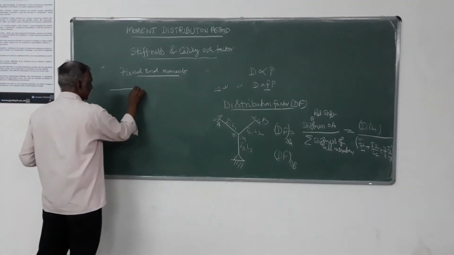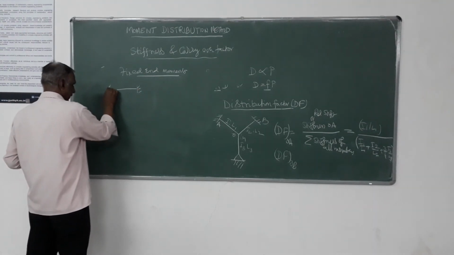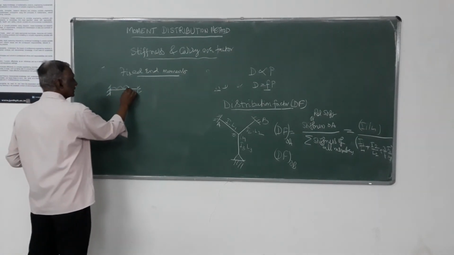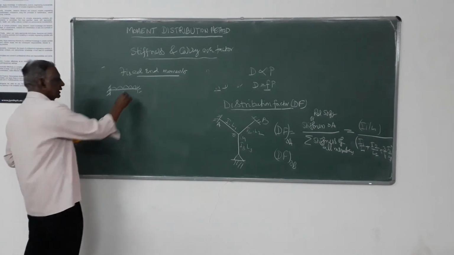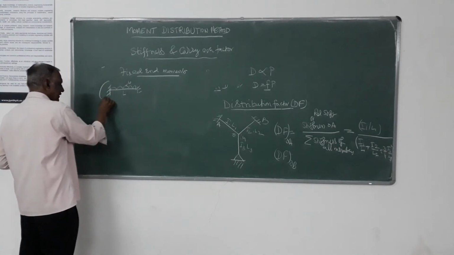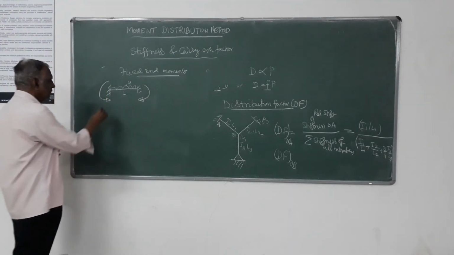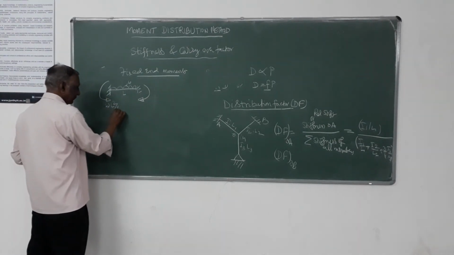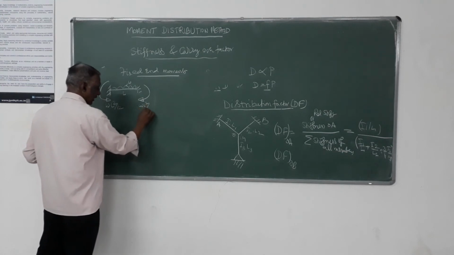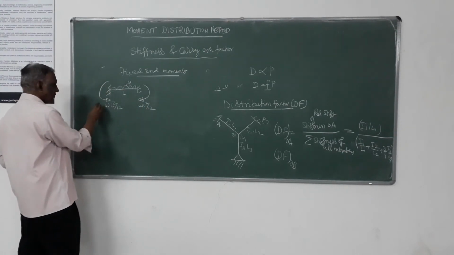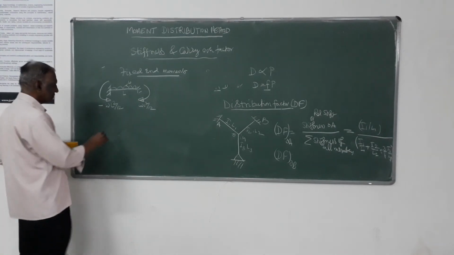So the possible type of gravity loading you have, one is UDL, W. Due to this, the equivalent joint moments which are going to develop will be WL squared by 12, WL squared by 12, because this is the applied moment, the resisting one will be anti-clockwise, so it is minus.